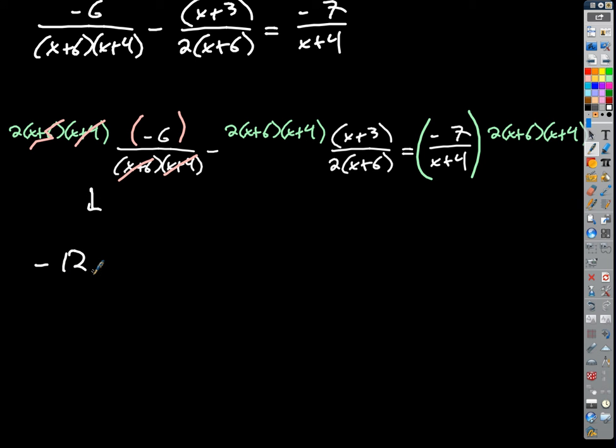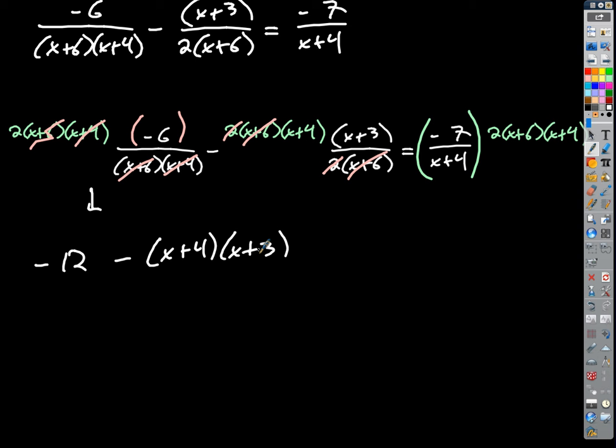Okay, what about over here? What cancels over here? 2. Okay, so the next term we're going to get minus the quantity x plus 4 times x plus 3. One thing you guys don't do a good job of sometimes is putting things in parentheses when you need to.